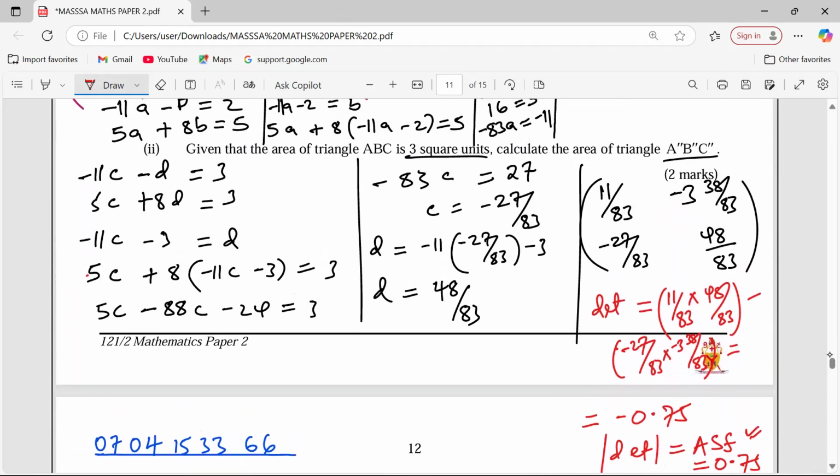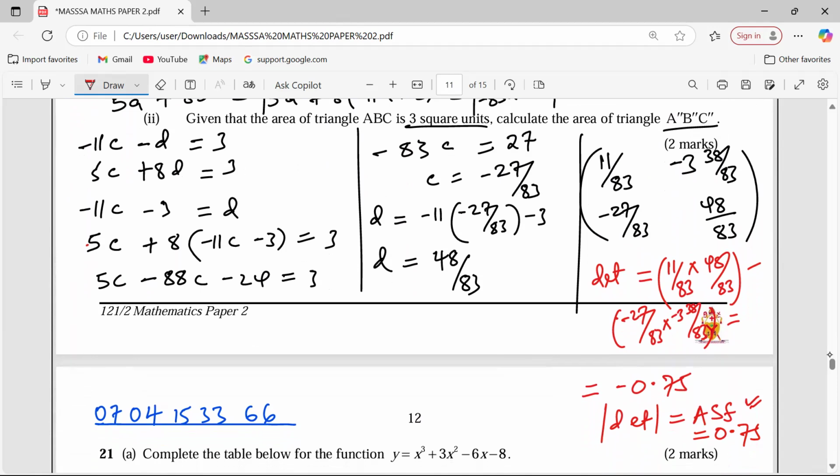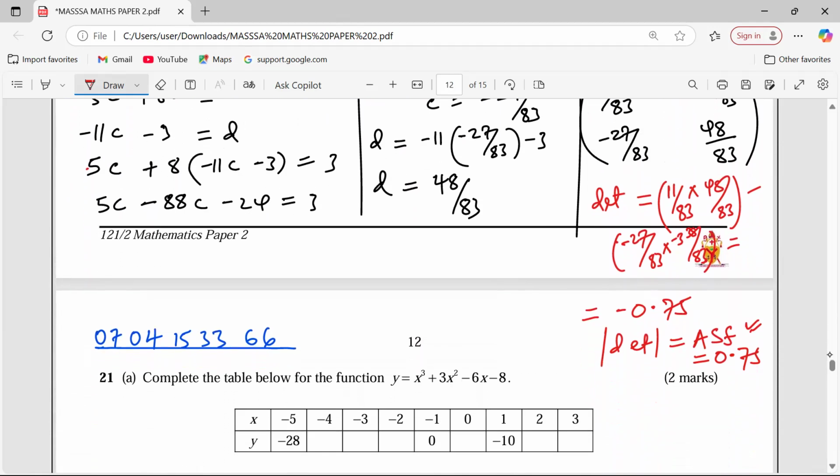Then it means for us to get the area of this second triangle, we multiply 3 by 0.75. So when we multiply 0.75 by 3, we're getting 2.25 square units. So that is it.